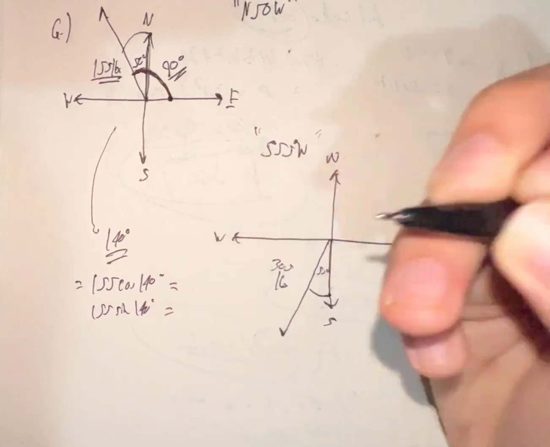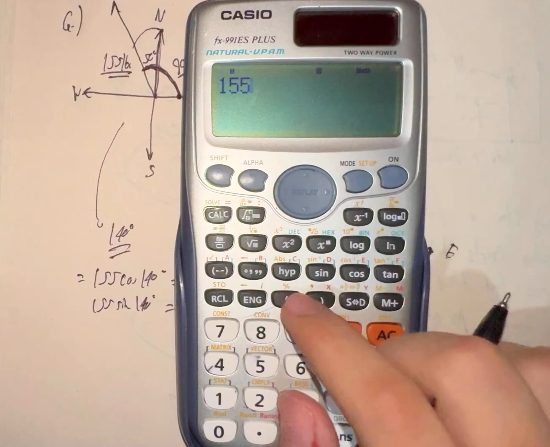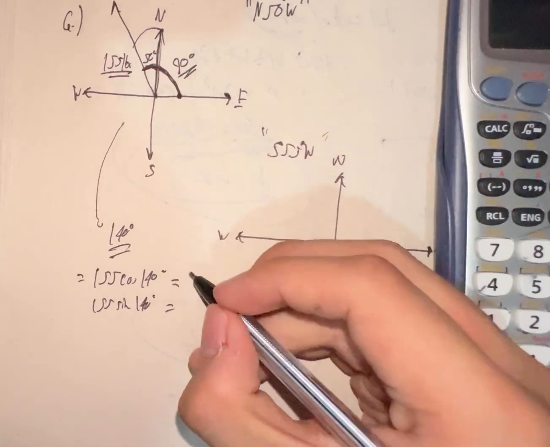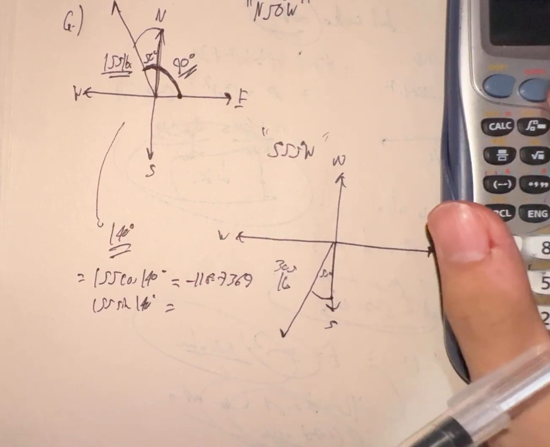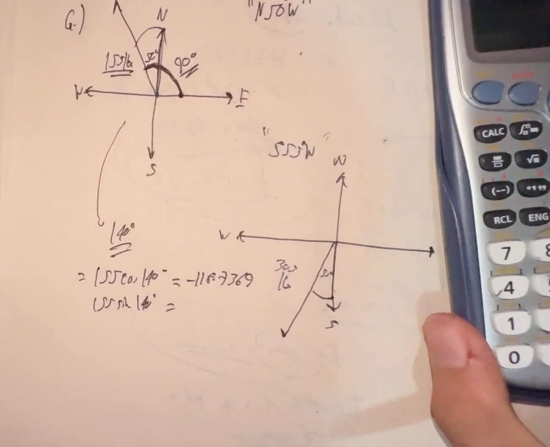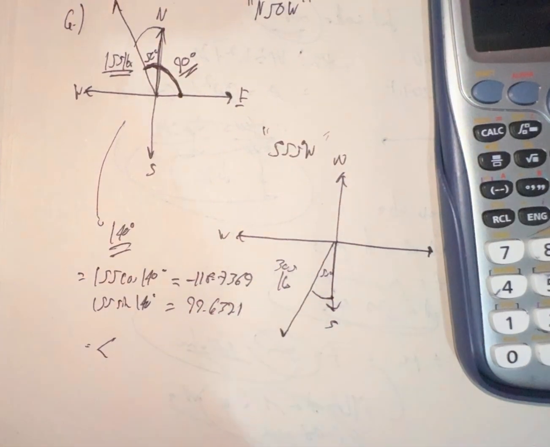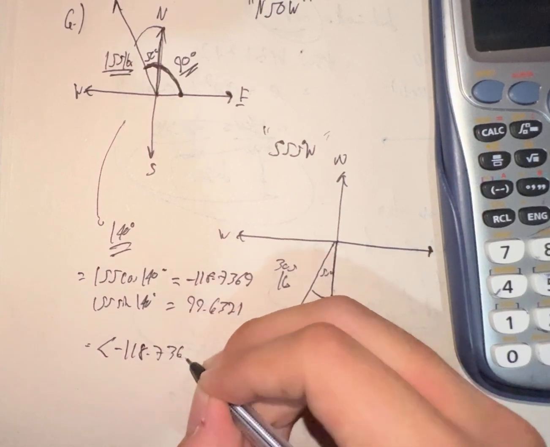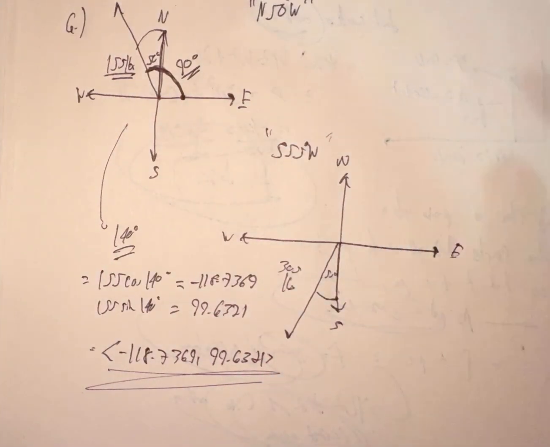Substituting those into the calculator: 155 cosine 140 is negative 118.7369, and 155 sine 140 is 99.6321. So representing that in vector components, negative 118.7369, 99.6321. That is the component form of our first vector.